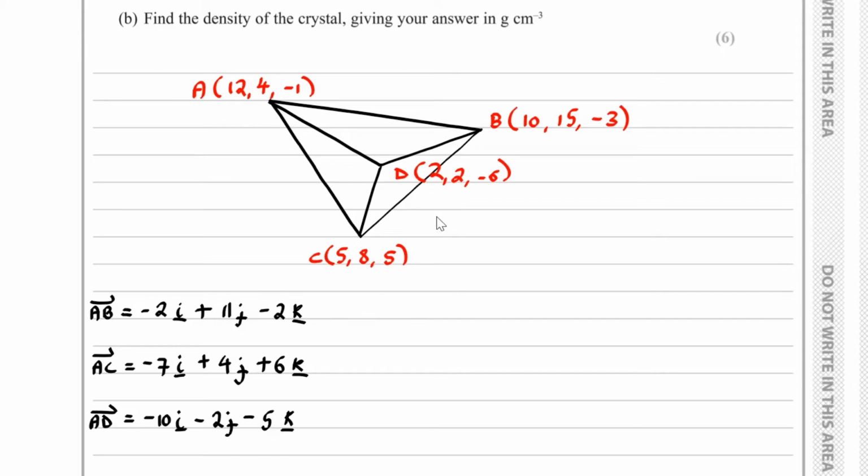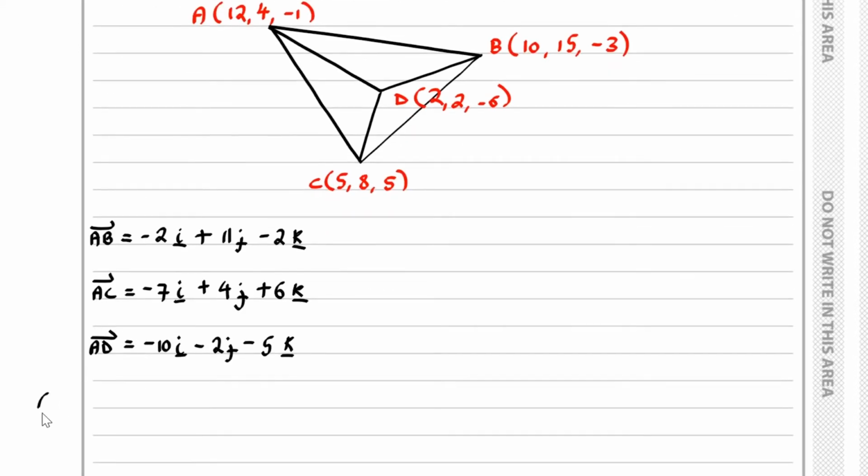Okay, so having worked out those vectors, for part A, the area of ABC, that's equal to 1/2 multiplied by the magnitude of AB cross AC.